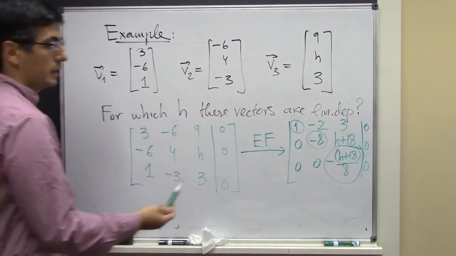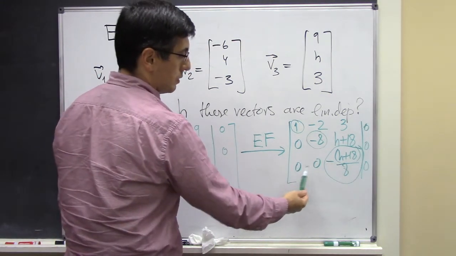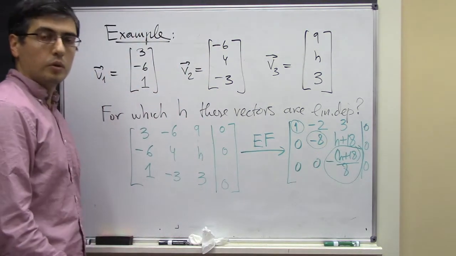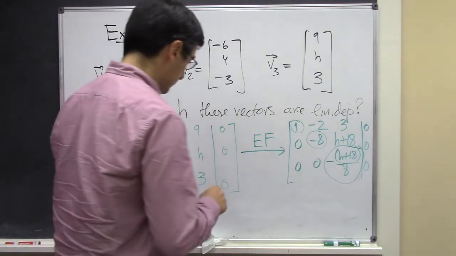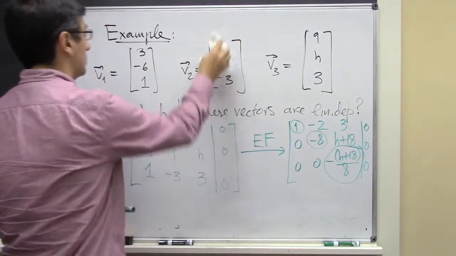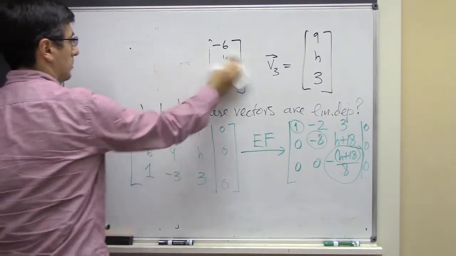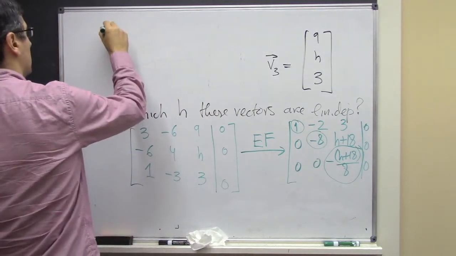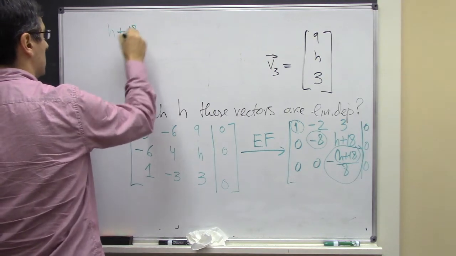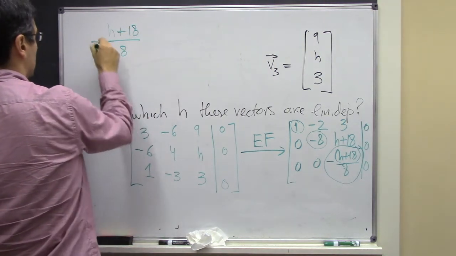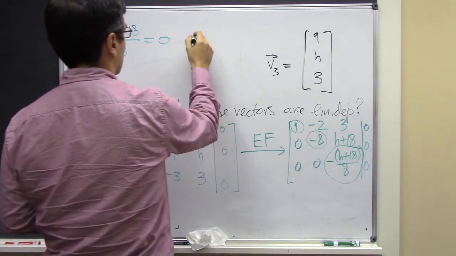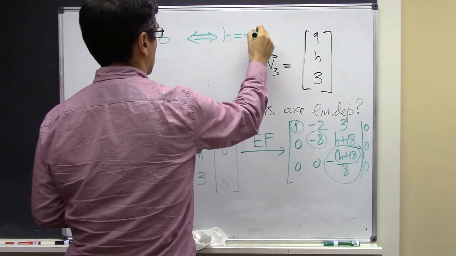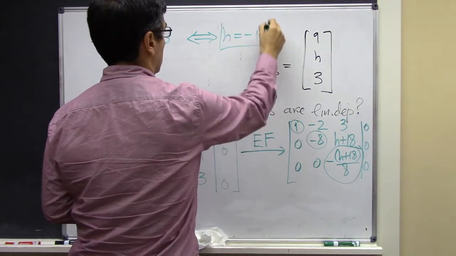Then this will be a row of zeros, and the third column will have no pivot. Now the question becomes elementary: h plus 18 over 8 is 0, and this is equivalent to saying h is negative 18.